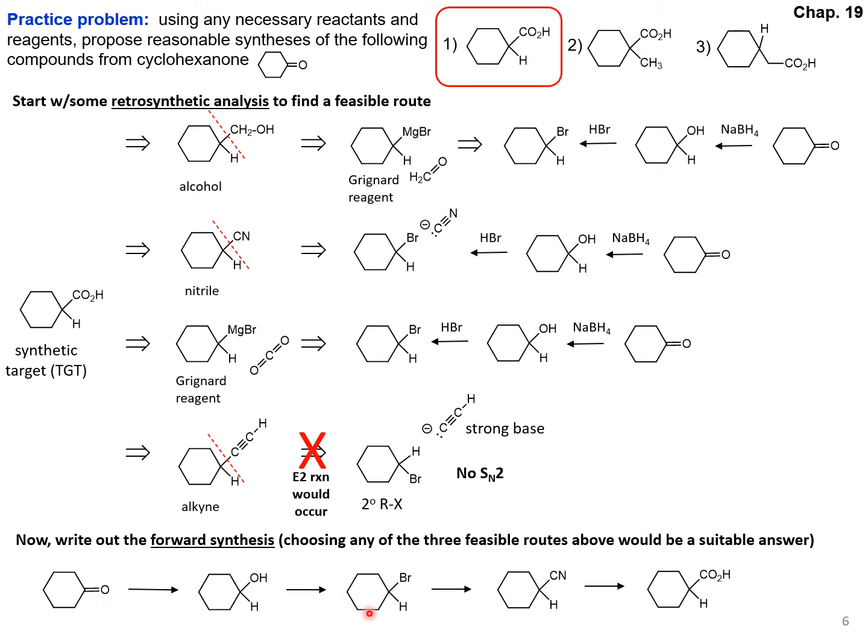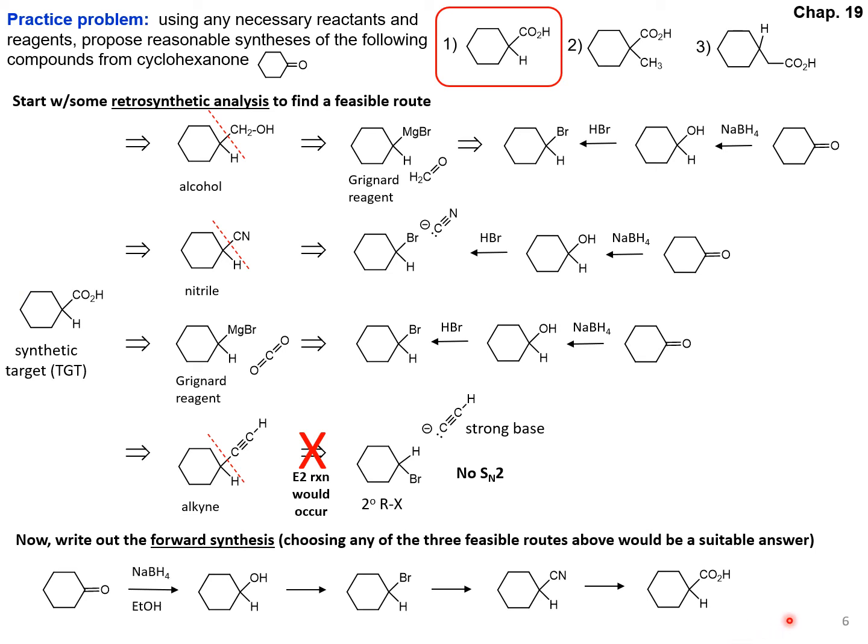So I'll write down all of my synthetic intermediates. Right, so I said the ketone can be reduced to the alcohol, is converted to the alkyl halide, is then converted to the nitrile, and the nitrile is hydrolyzed to the carboxylic acid. So now I'm writing it out in the forward direction, and I have to now put in the reagents.